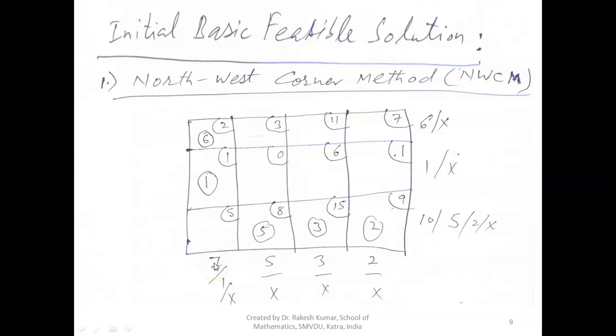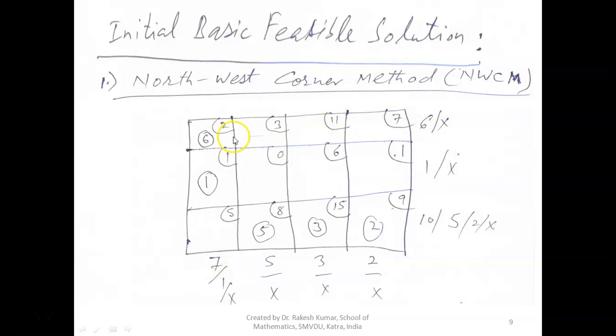So take the minimum of supply and demand at the first supply center as well as the first demand center, that is 6 and 7. The minimum of 6 and 7 is 6, so this 6 will be allocated. This is justified also, because only 6 units are available. We cannot take 7 units from there.